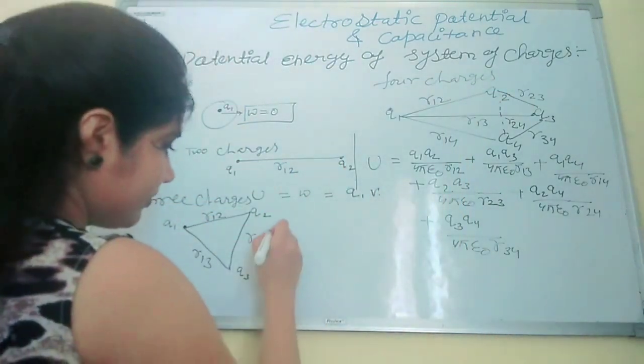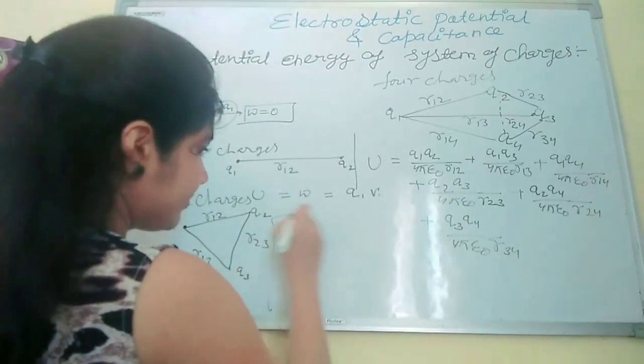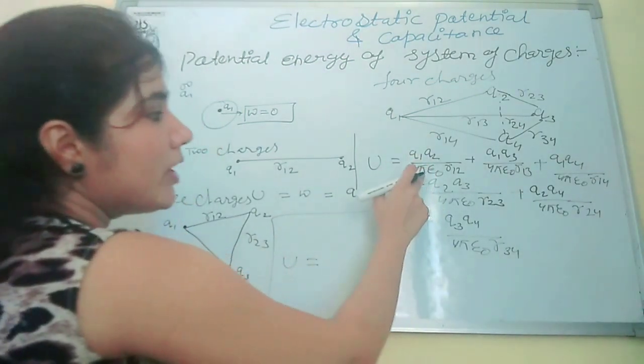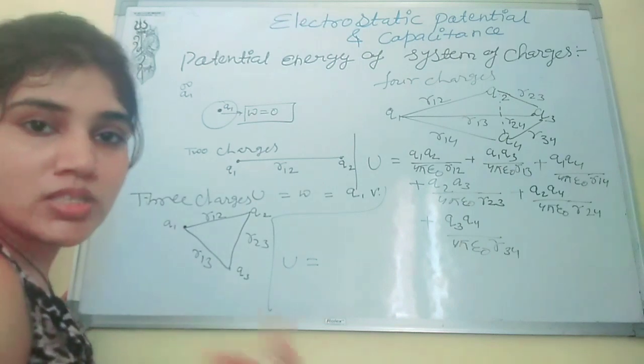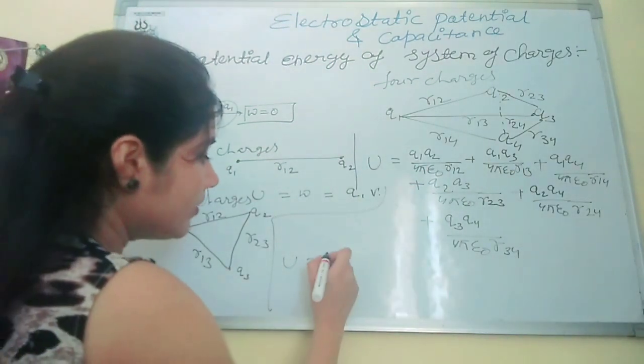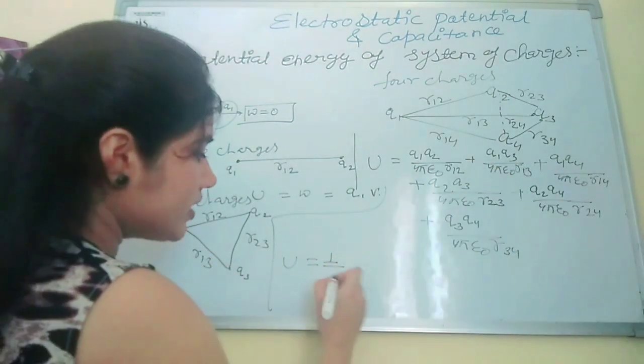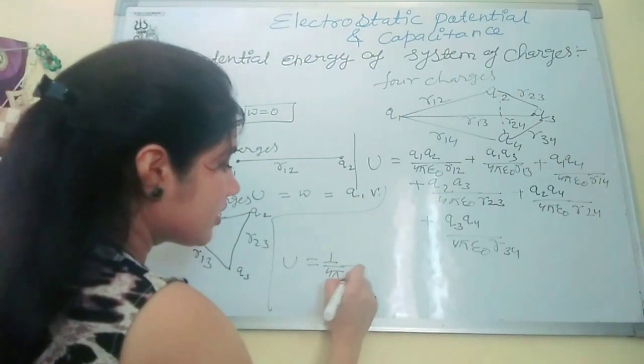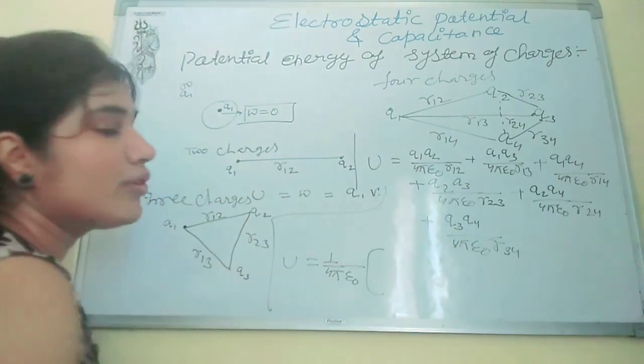Now we can write it. U equal to 1 by 4 pi epsilon naught is common. We can take it common in every term you are seeing, so we simply take it outside the bracket. And in the bracket what we will get?